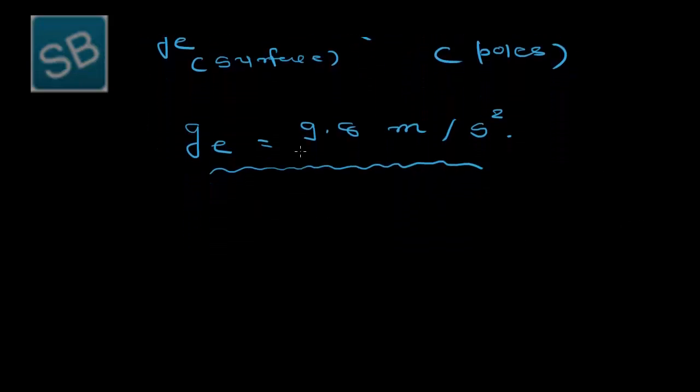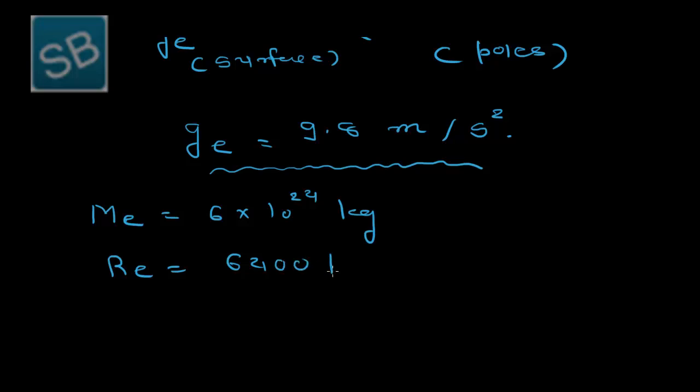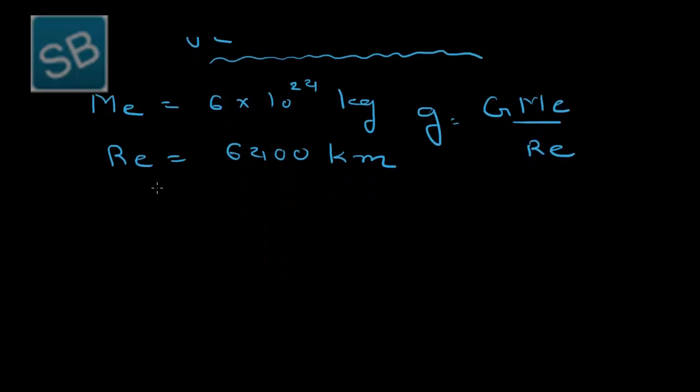We can calculate the value of ge by substituting the mass of the Earth, that is 6 into 10 to power 24 kg, and the radius of the Earth Re equal to 6400 kilometers. So you may substitute these values in the equation g equals G Me over Re squared.